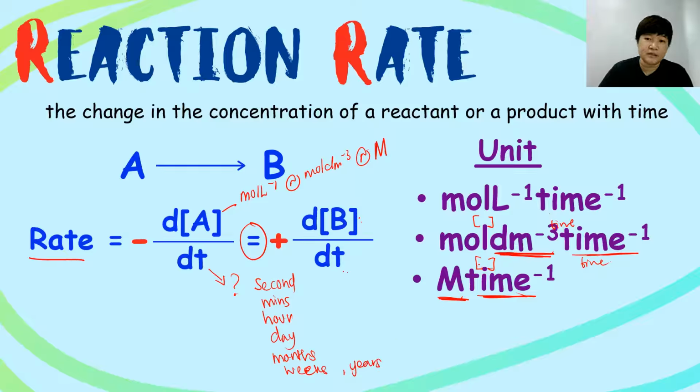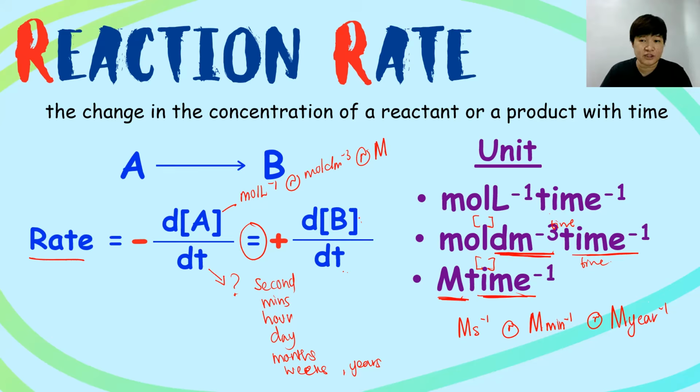So an example of the unit could be M s^-1 for concentration over second. Or it can be concentration minute^-1, concentration where the time is minute. It could be molar year^-1, where the time right now is year. So you may take probably 1 year or 2 years for your reaction to finish.